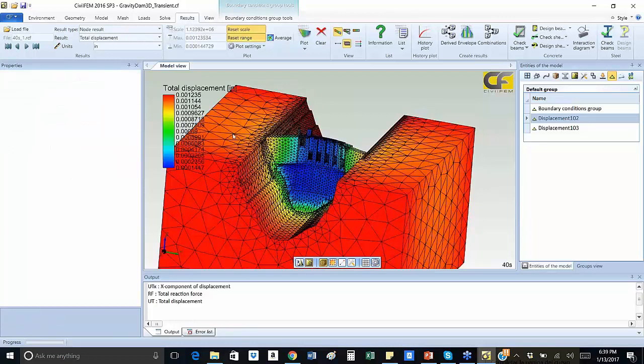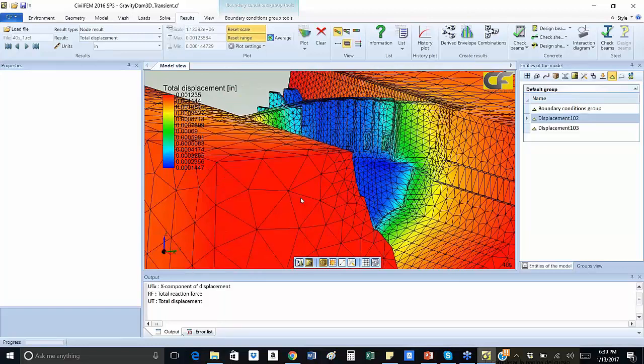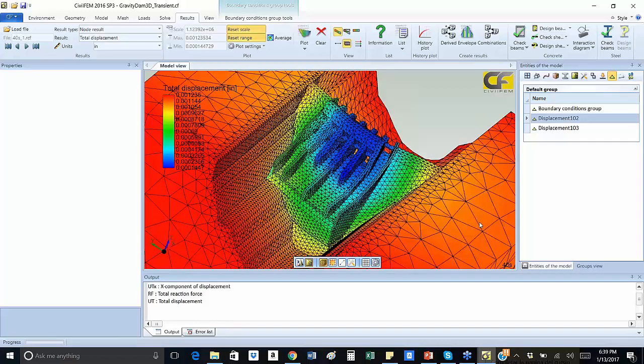In the first time step increment, we see the following displacement, deformation, in inches, US customary units.